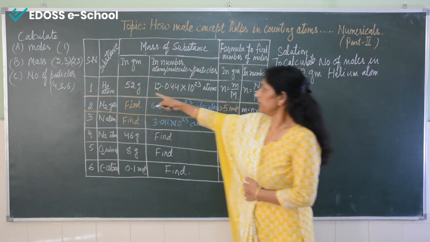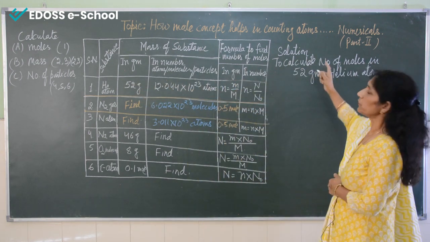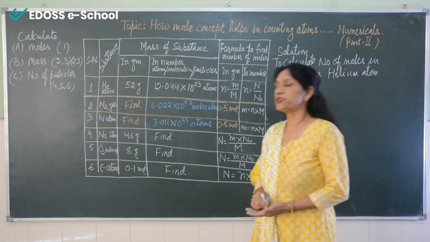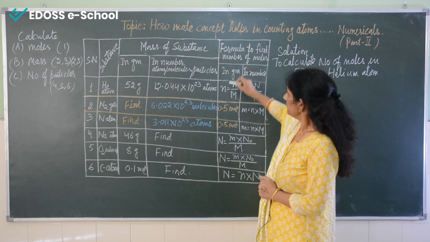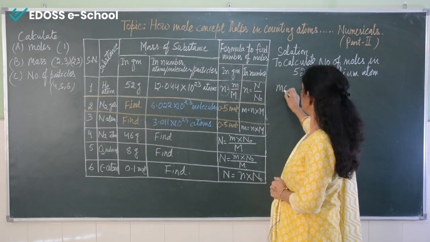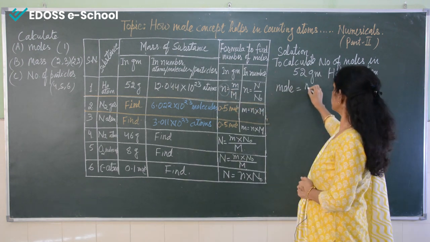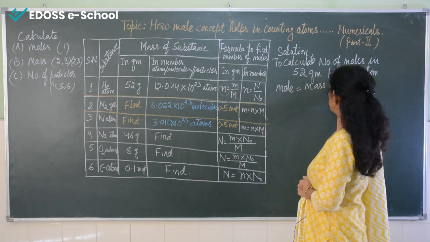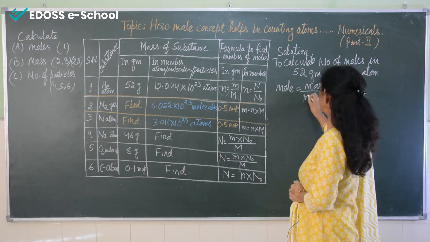52 gram is given to us, mass is given, and we have to find mole. Now what is the relationship between them? In this table you can see that N means mole. So remember, mole is always equal to mass, which should be in gram, divided by molar mass.